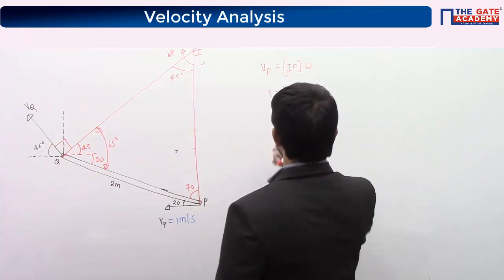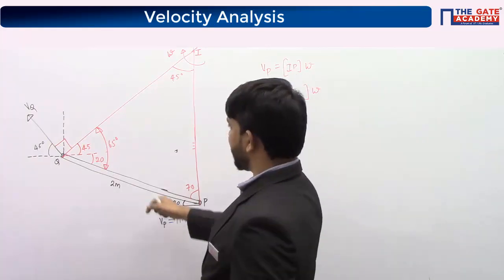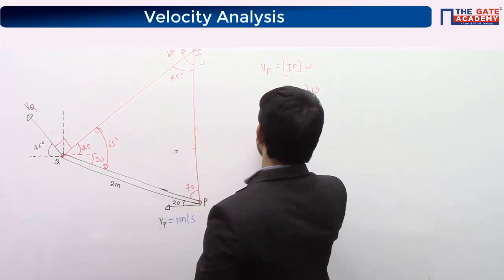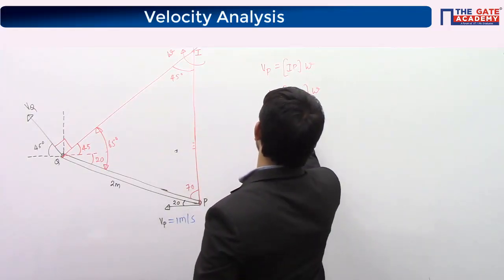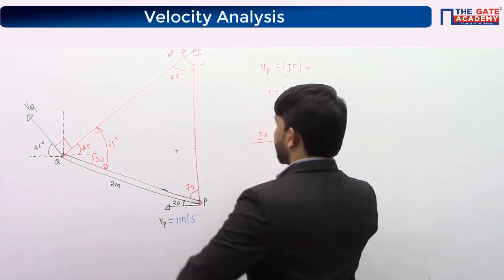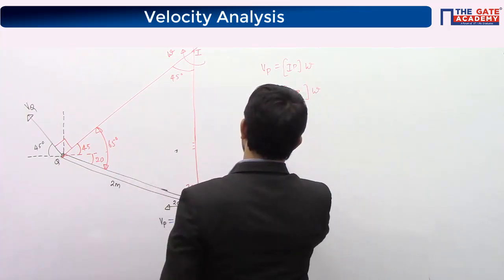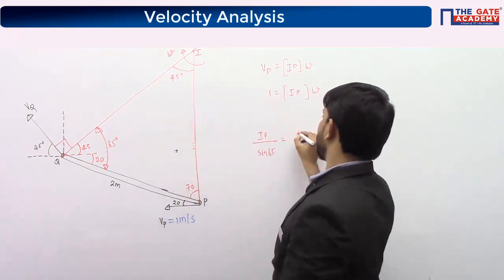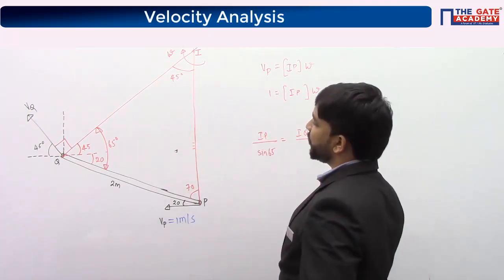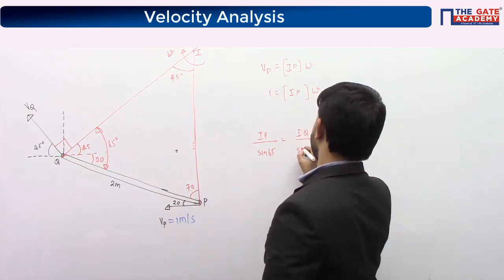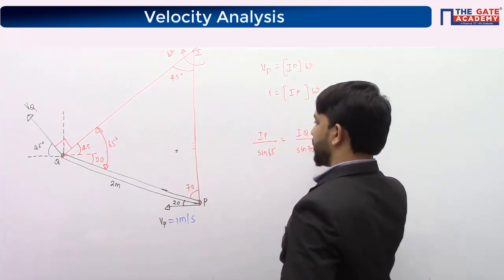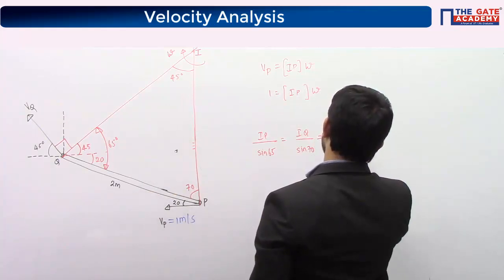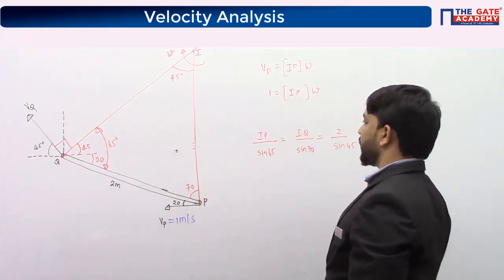So I want to find out the IP distance, okay? I can write the sine rule for this. IP divided by sine of 65 is the same as IQ divided by sine 70, which is 2 meters divided by sine of the opposite angle, sine 45.